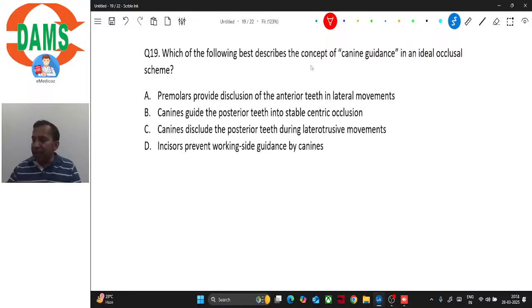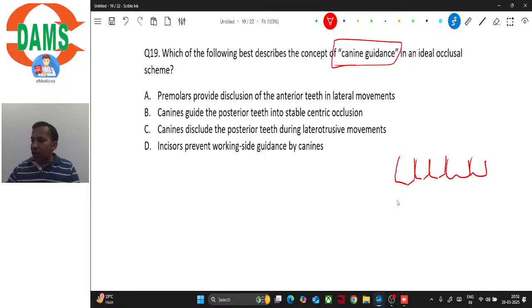Which of the following best describes the concept of canine guidance in an ideal occlusal scheme? So what is canine guidance? Let's say this is the canine and then these are the premolars, then molars.